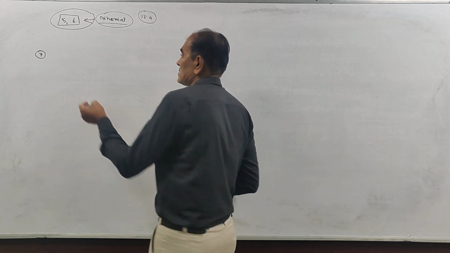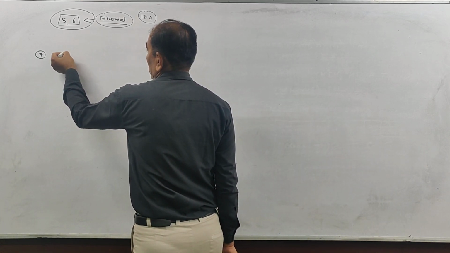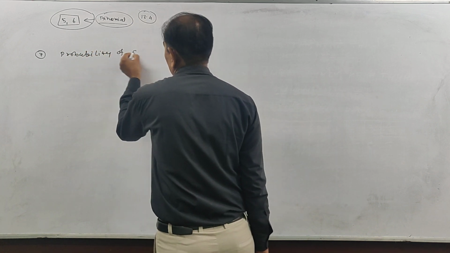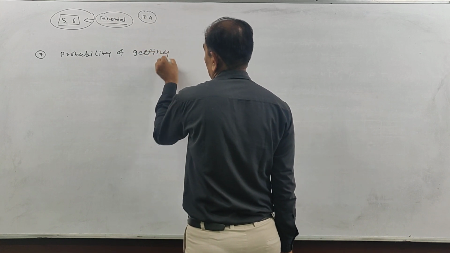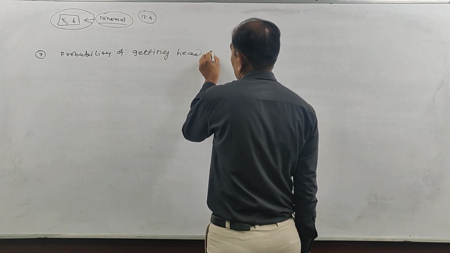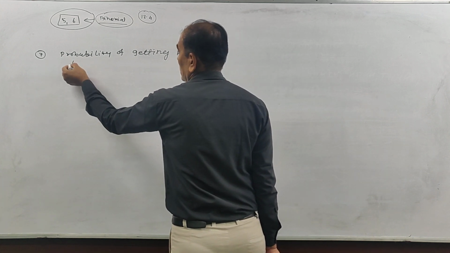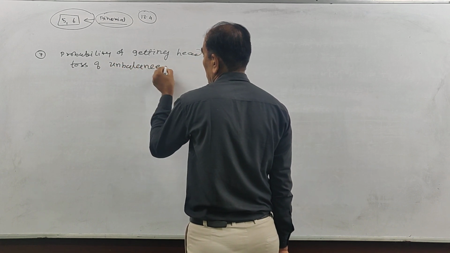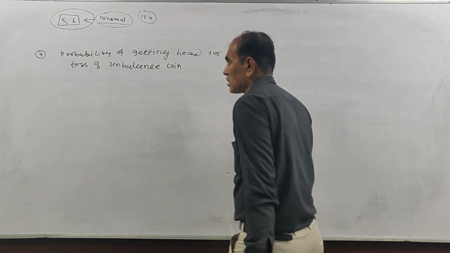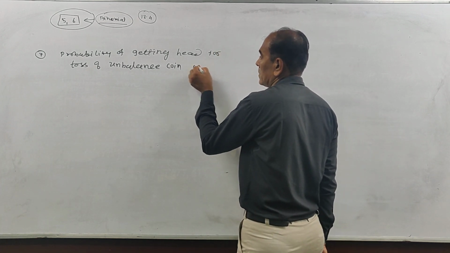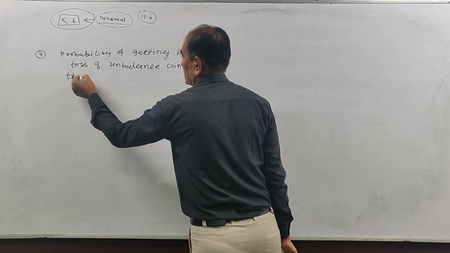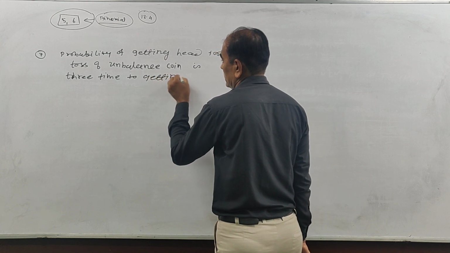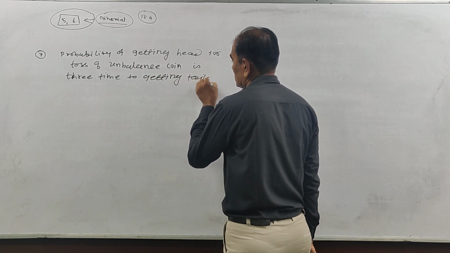But when the coin is unbalanced, the probability of getting head is 3 times the probability of getting tails.